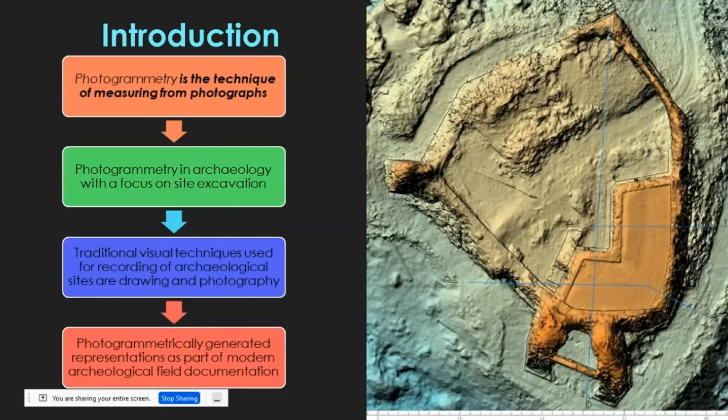A photogrammetrically generated representation, as a part of modern archaeological field documentation, is also a more objective representation of reality and less interpretive. Apart from the visual, photogrammetry also contains a record of measurements. Photogrammetric representation cannot replace the interpretive value of an archaeological sketch or drawing document.